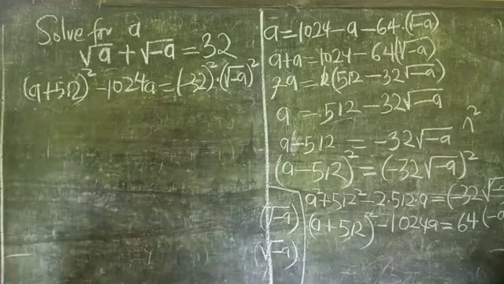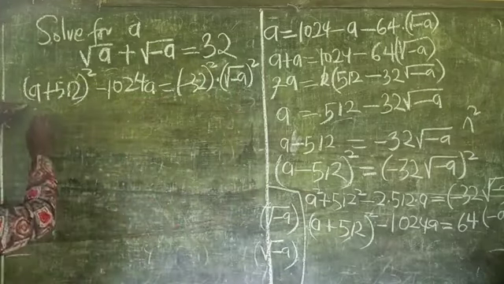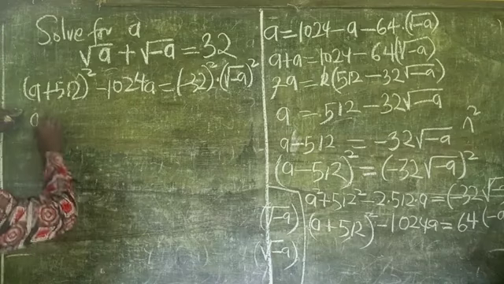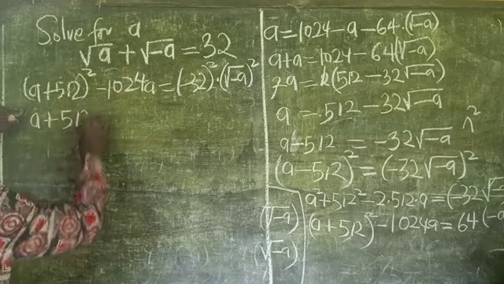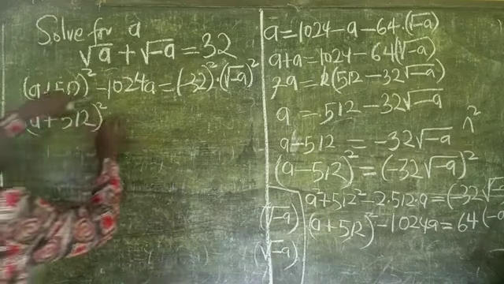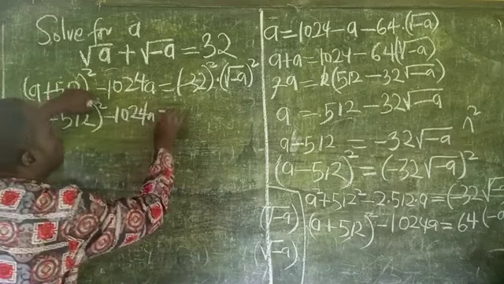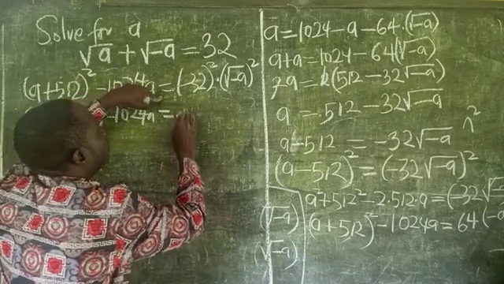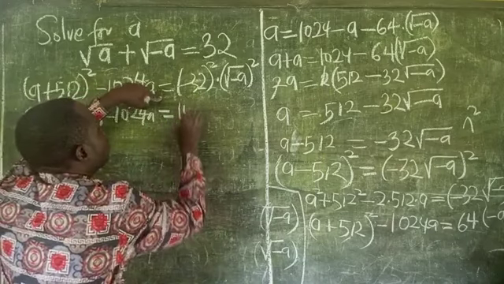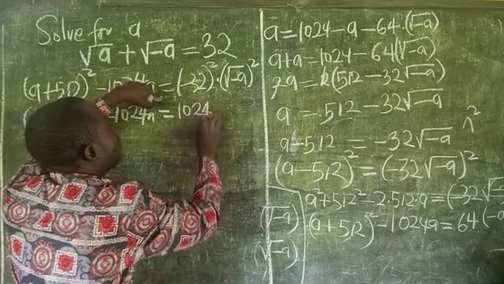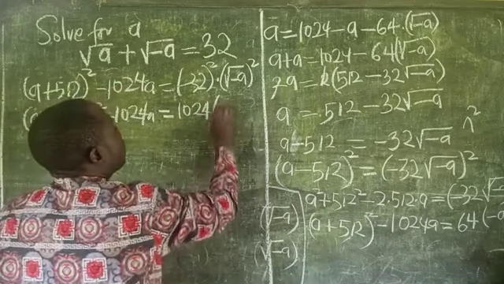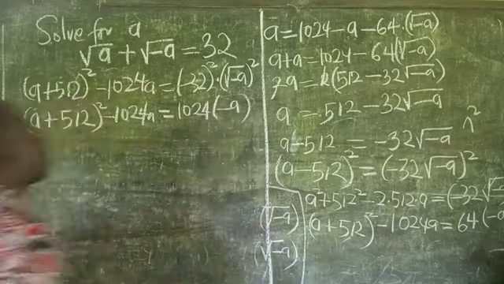I think it's better. So this becomes a plus 512 squared minus 1024a, equal to 32 squared, which is 1024, times minus a.